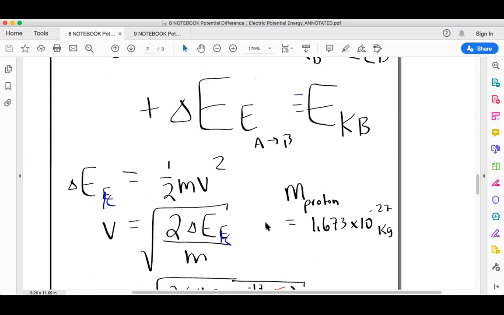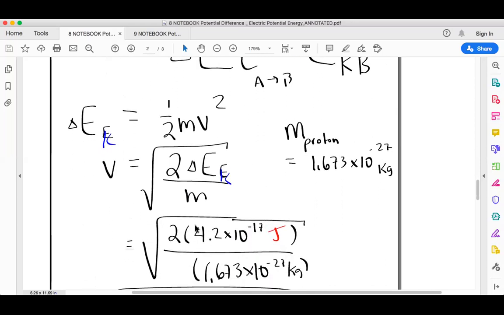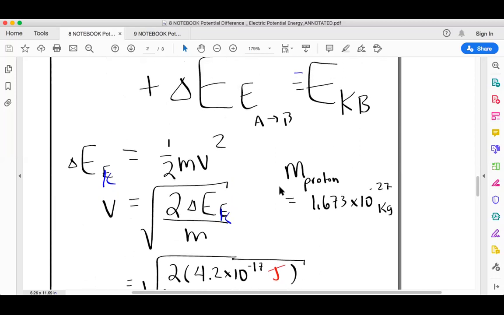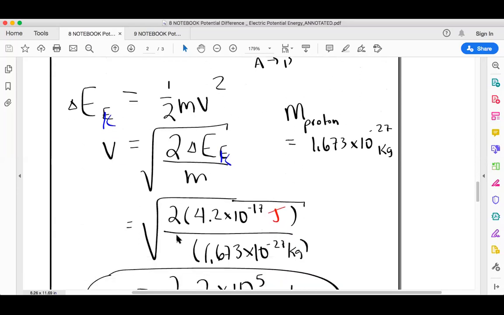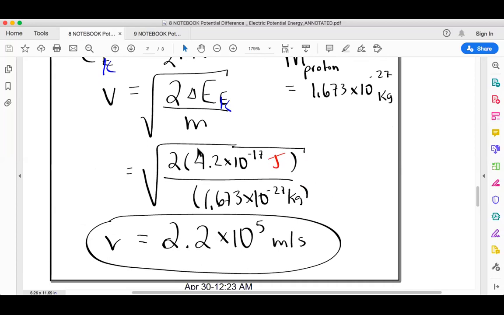Or sorry, delta EE, that is our number that we've already calculated. And then EKB is 1/2 mv squared. If we solve for our speed, we sub in our numbers or isolate the equation for speed. I really can't talk today, I'm losing my voice. So speed is equal to 2.2 times 10 to the 5 meters per second.